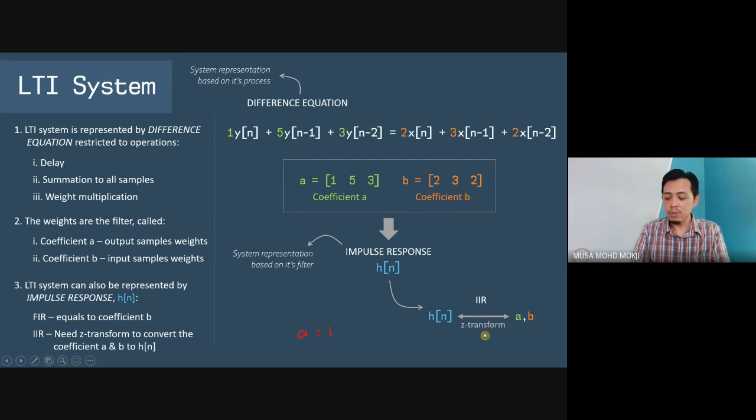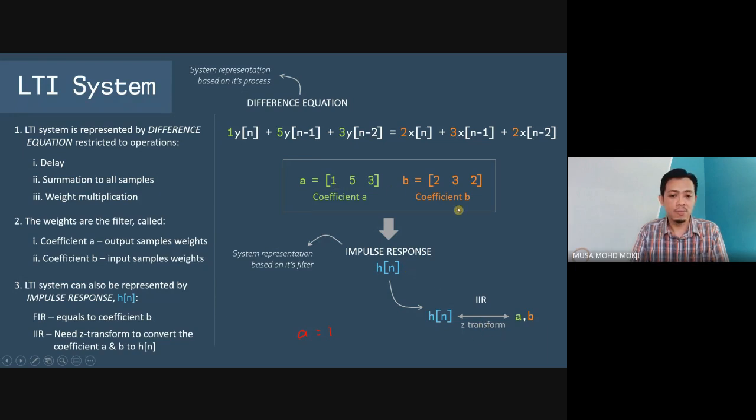So we need to use the Z transform. If you are given h[n] and want to get a difference equation for IIR, we need to use the Z transform. Or if we have a difference equation and want the impulse response, again we need to use the Z transform.